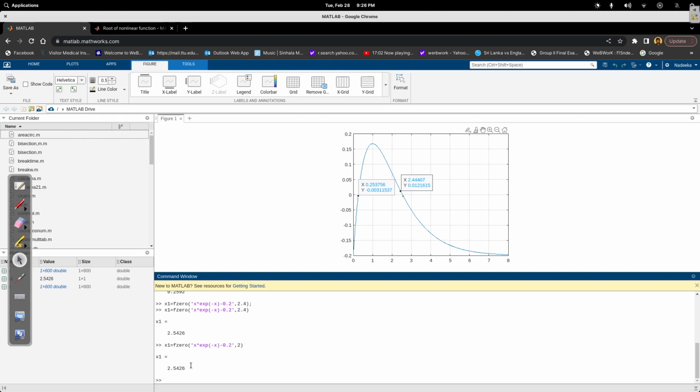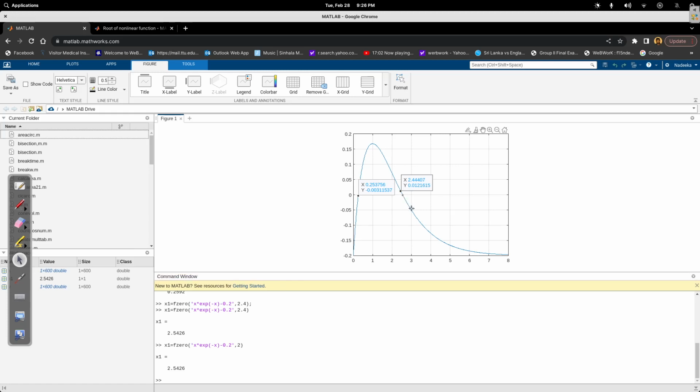It will take a little bit more time to find the root, but it finds it. This root is better than one you can approximate from this picture.